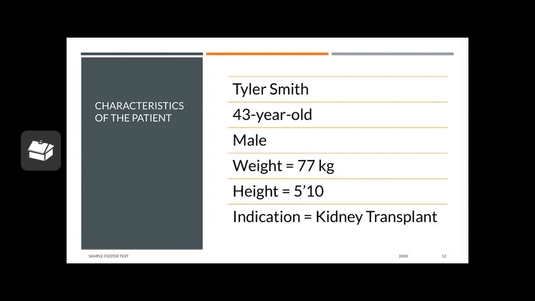Just some characteristics about the patient. The patient's name is Tyler Smith. The patient is 43 years old. The patient is male. The patient weighs 77 kilograms. The patient's height is 5 feet 10 inches tall. And the main indication is that this patient has recently undergone a kidney transplant.